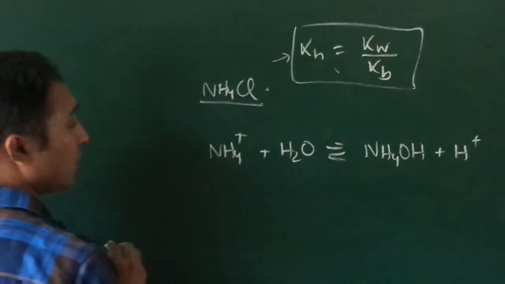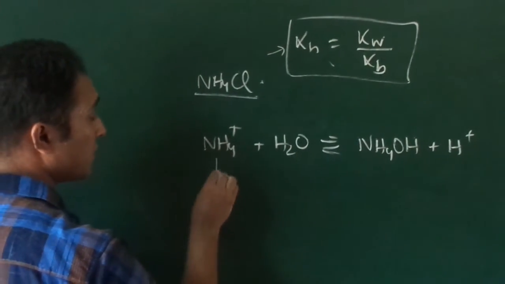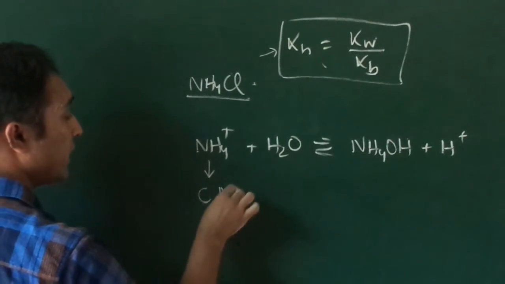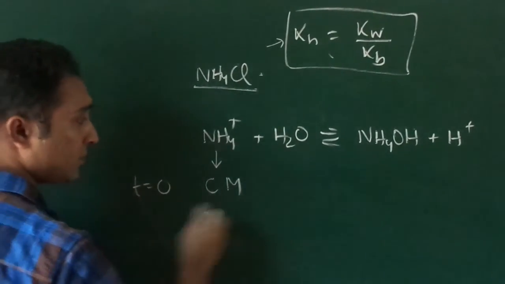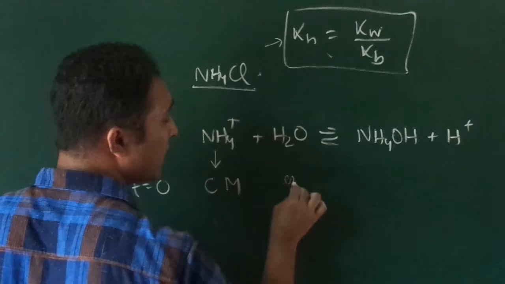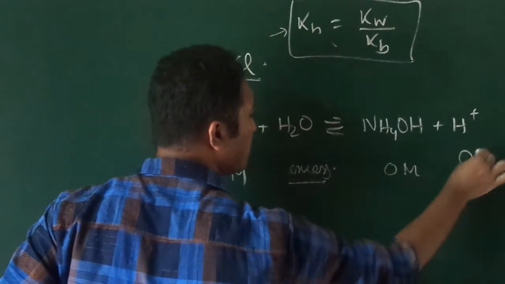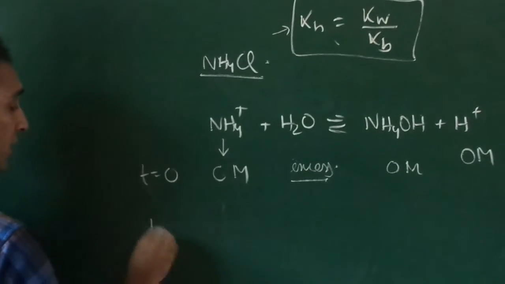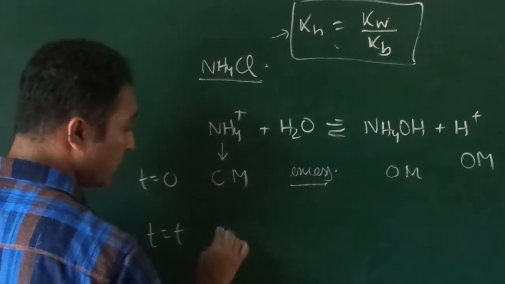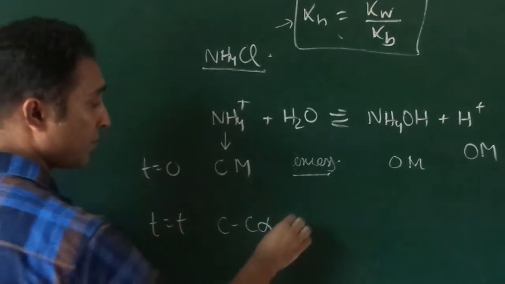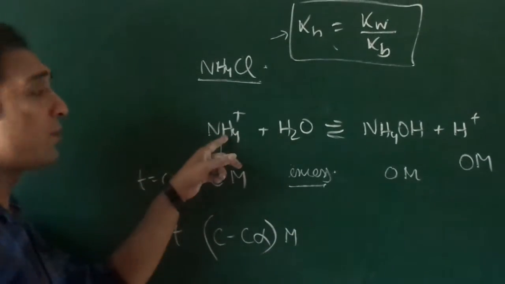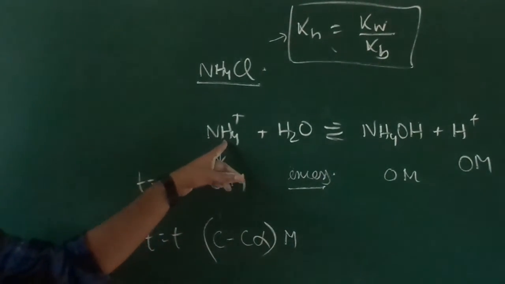Next, if I take the concentration to be C molarity at t equal to 0, and water is initially in excess, this is 0 and this is 0. Now if I say t equal to t, this becomes C minus C alpha. Why? Because this is not going to be 100% dissociated, it's a weak base.